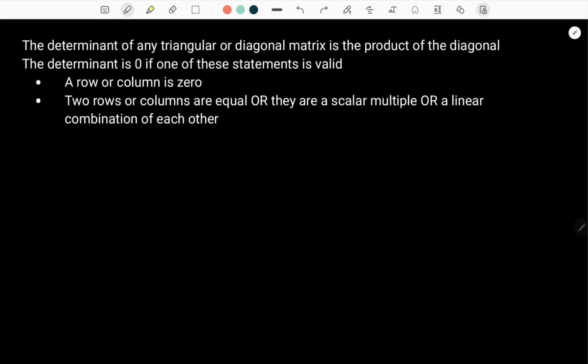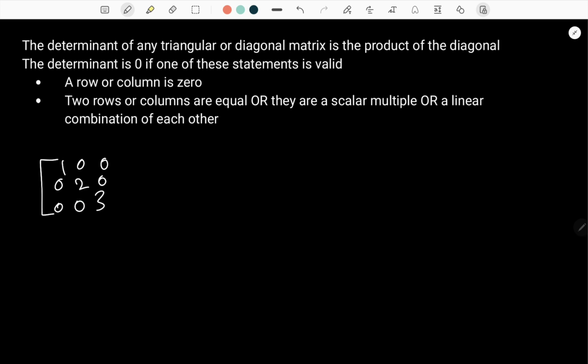So here are some conditions that you have to remember. The determinant of any triangular or diagonal matrix is the product of the diagonal itself. So let me just show you what a triangular or diagonal matrix is. An example would be, okay, this will be a diagonal matrix: 1 2 3 and zeros.